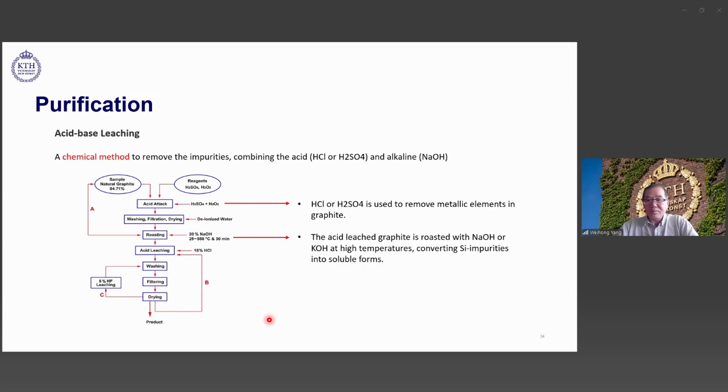We can remove the metallic elements in the graphite using acids, and after that, we use alkaline to remove the silicon impurities. In principle, that's the way. Also, there is quite a lot of available equipment similar to the mining industry to do this kind of job. It's useful for us as well.